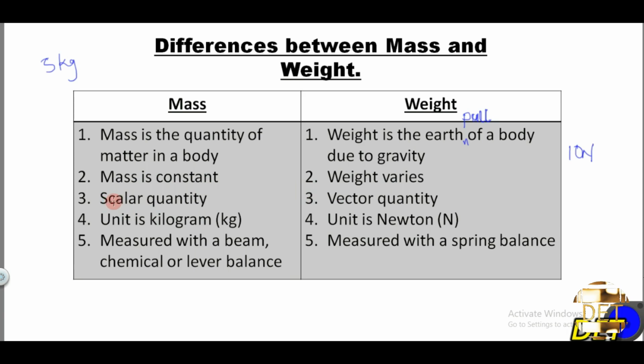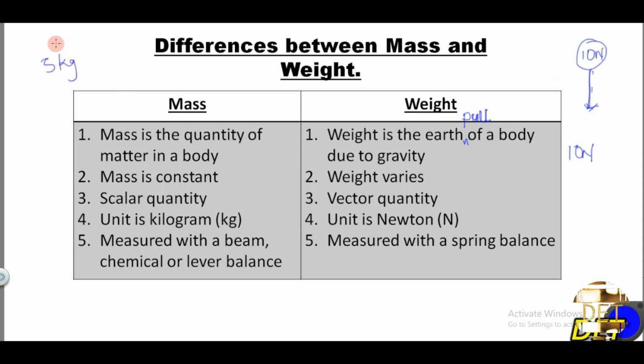Then mass is a scalar quantity because it has magnitude. It can be measured, but it has no direction. Weight is a vector quantity because it has magnitude, which means that it can be measured, and the direction is specified, right? It has a direction and the direction is towards the earth. So if I have a ball of 10 Newton, I throw it up, it will come down towards the earth. It has a direction, right?